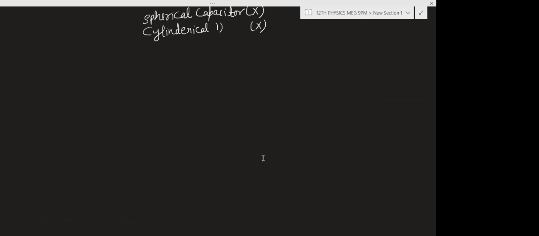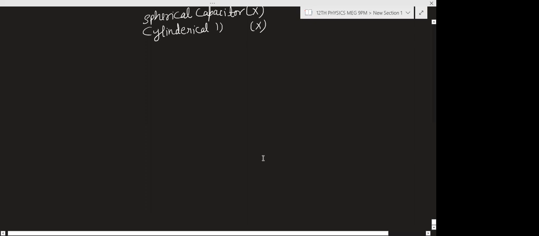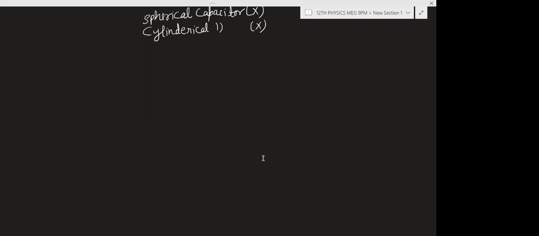Medium can be air, oil, or dielectric. There are three types of capacitors: parallel plate capacitor, spherical capacitor, and cylindrical capacitor. Spherical and cylindrical are not in our syllabus, so we will not study them.